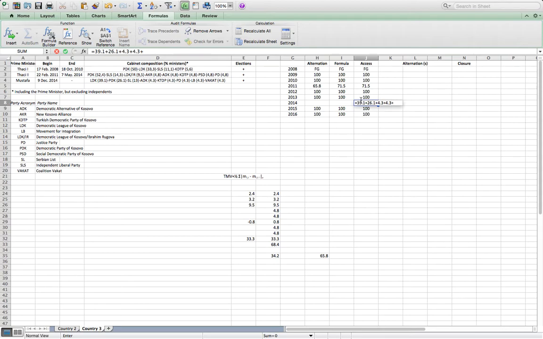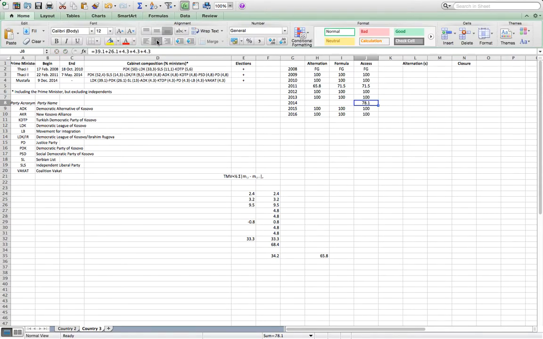The Democratic Party, okay, also because they were in 2011, and none of the others. So Serbian List, Movement for Integration, and Coalition Back, they were not. The score for access in 2014 is 78.1.